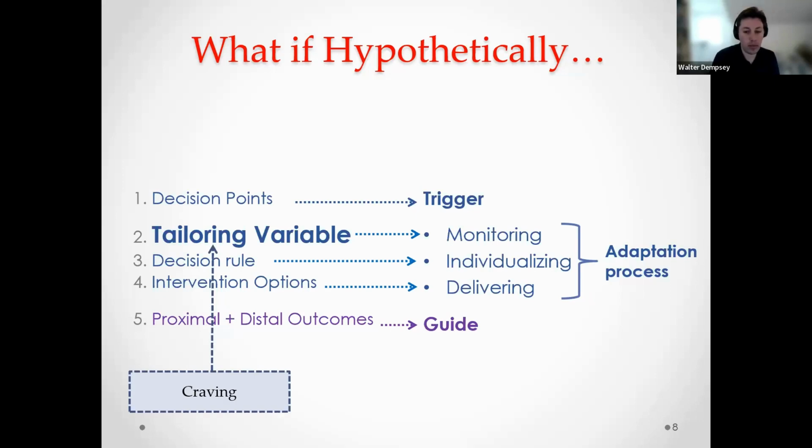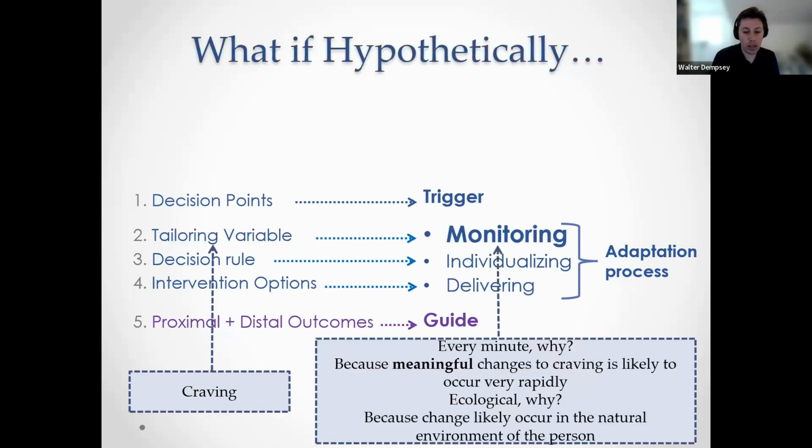So when do we think craving will change meaningfully? Well, we might expect meaningful changes in craving to occur very rapidly, right? You have an individual who hasn't smoked for a while, they're trying to be abstinent, and the craving goes from very low to very high quite rapidly.